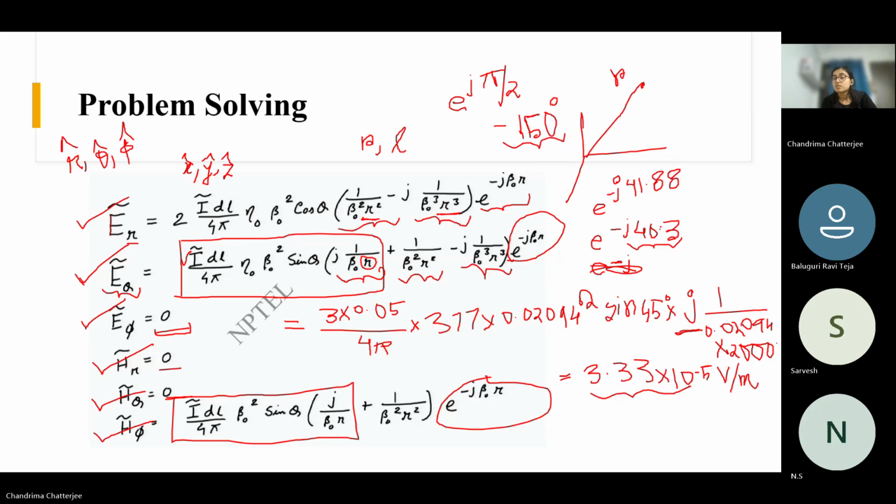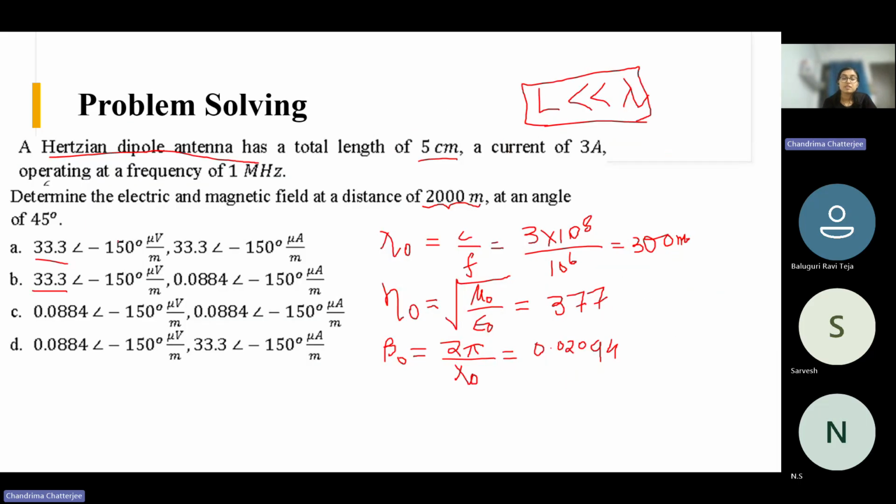So this is the angle we are actually getting, but if you simplify it, because there are many 360-degree cycles, you subtract that, and what remains is the angle, that is minus 150 degree. That's how you can calculate the phase.